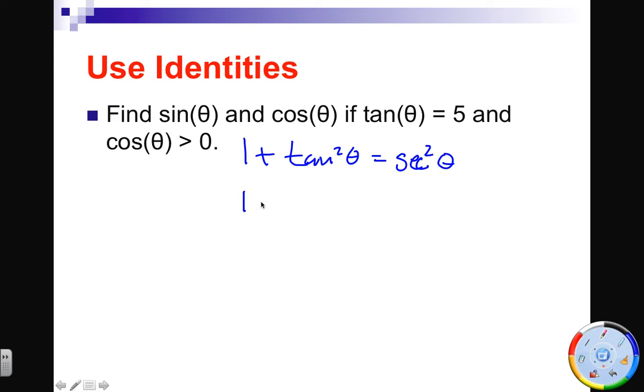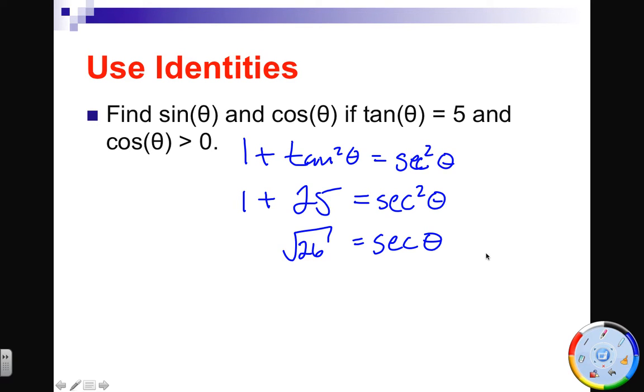All right, so I get 1 plus tangent squared, so tangent is 5, so tangent squared is 25, equals secant squared theta, which means secant of theta is radical 26. Well, if secant of theta is radical 26, I know that cosine of theta is the reciprocal of that. Now I can use my identity for tangent for sine and cosine here.